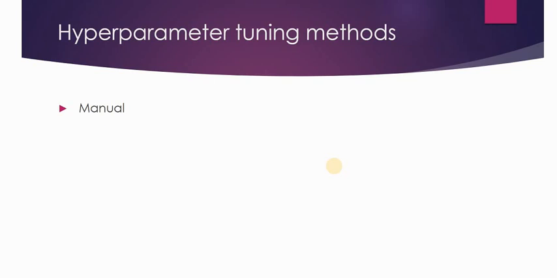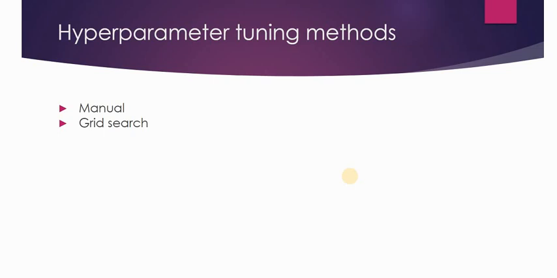Now instead of doing it manually, there is an alternate method which is called grid search. What happens in grid search is we set up a grid of hyperparameter values, and for each combination we train the model and score on the validation data. In this approach, every single combination of hyperparameter values is tried, which can be very inefficient.